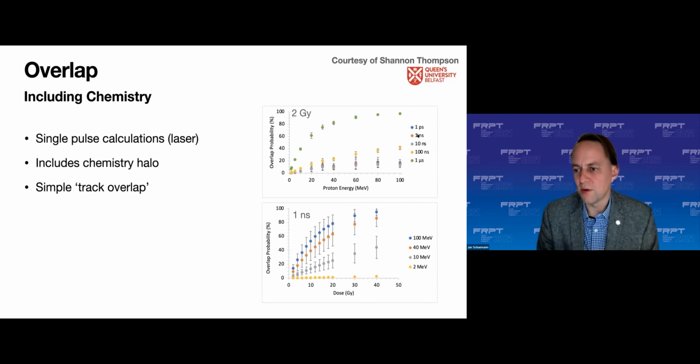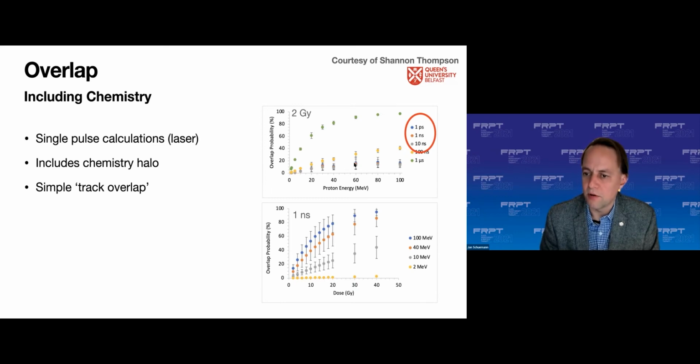But in a cell environment, we are typically more in the nanosecond range, so maybe 1 to 10 nanosecond, and by that time, all the species would probably be scavenged. And so we are really in this area down here, where the difference between them is not very big at all, and you have a maybe 5–10% probability of having some overlap of tracks.